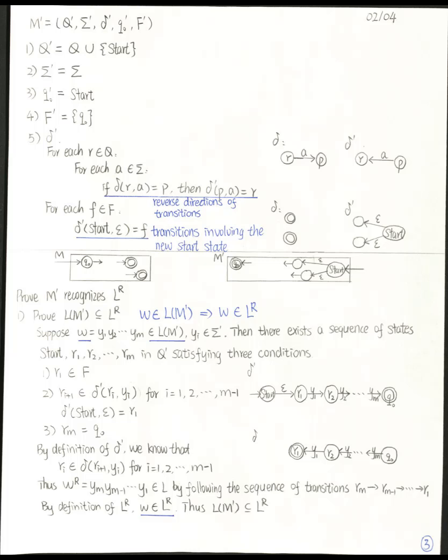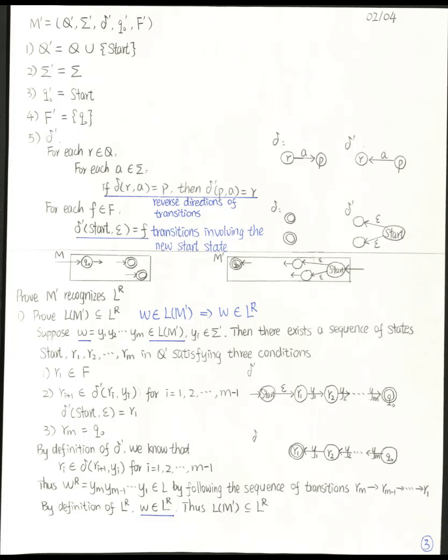To prove L(M') is a subset of L^R, what we need to do is, for any string in this L(M'), we need to prove this string is also in L^R. So we start with the premise. Suppose this w is in L(M'), and we express this w as m symbols from y1 to ym.